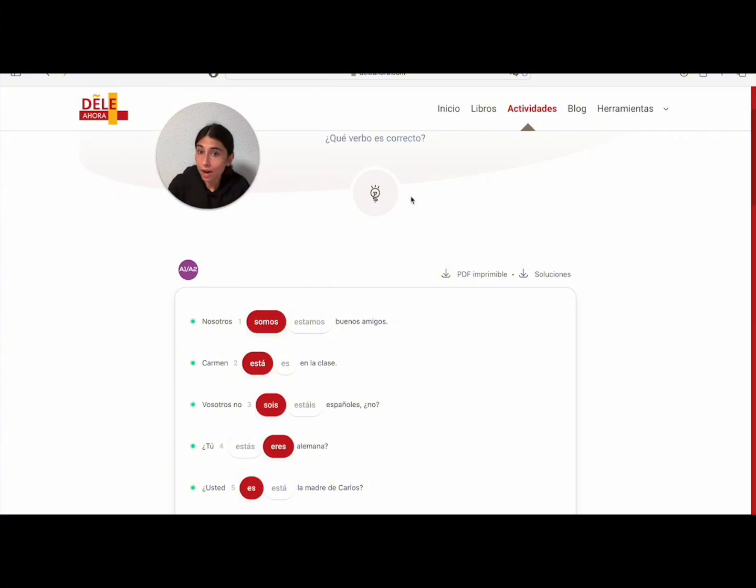So let me know how it goes. If you have any other sentences that come to mind with ser or estar and they don't match with what I'm saying, they don't make sense, please let me know, because I've been looking into this for a really long time and I really want to know examples of where this doesn't work.